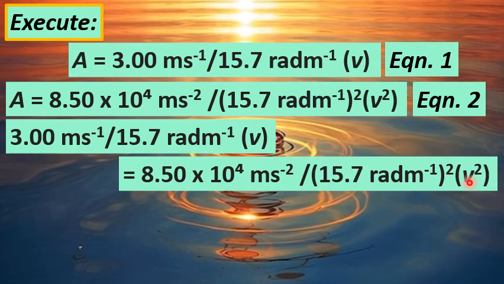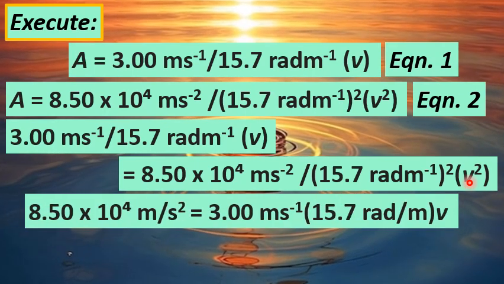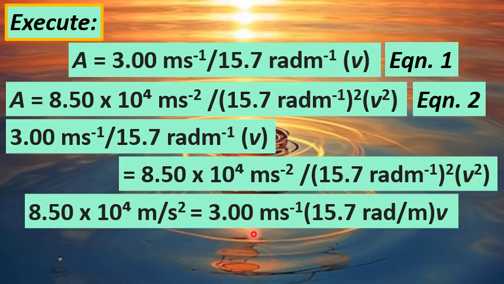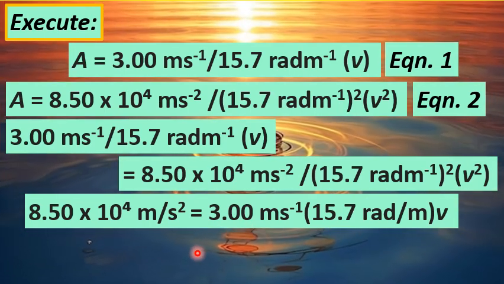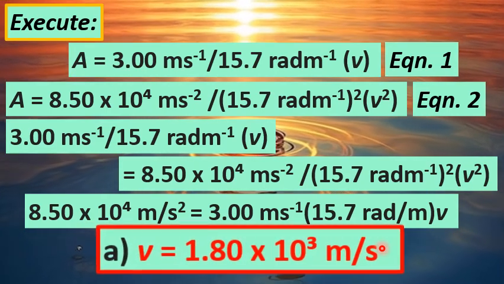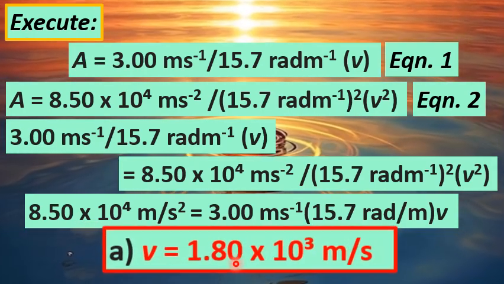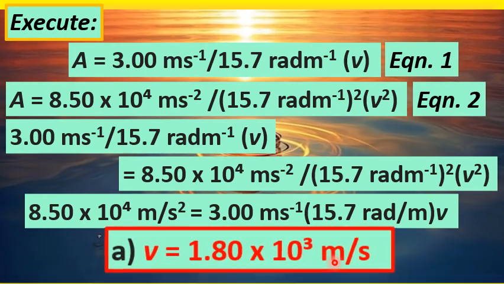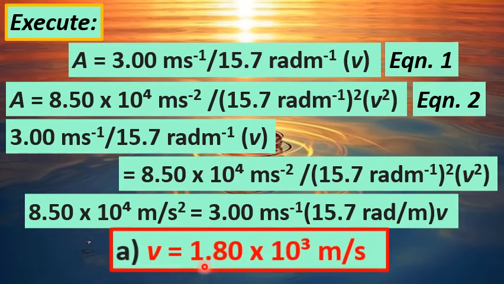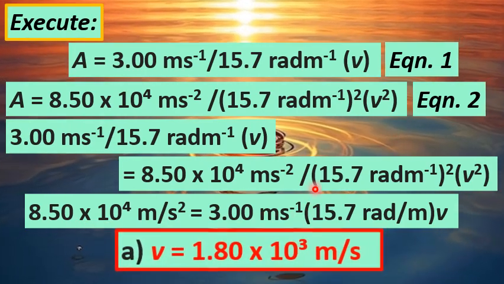And simplifying, this is the simplified equation now, and eventually we will get the value for the wave speed of propagation, small letter v, which is equal to 1.80 times 10 to the third power meters per second. Take note that we followed the rules of significant figures in our operation.